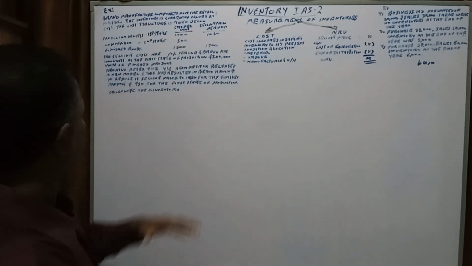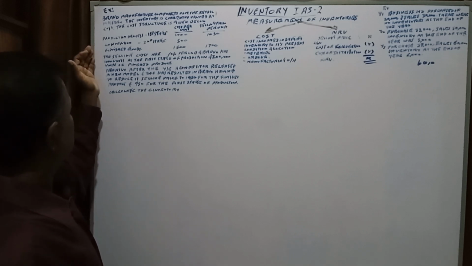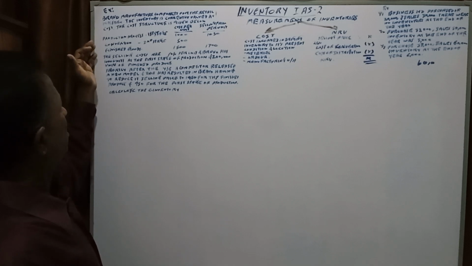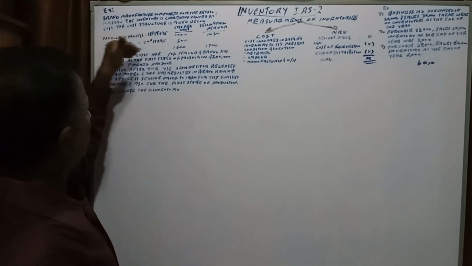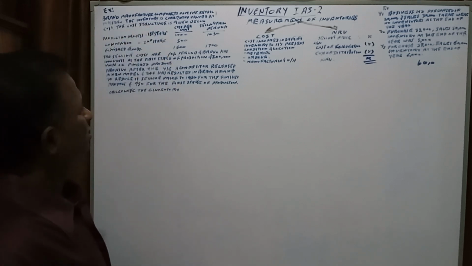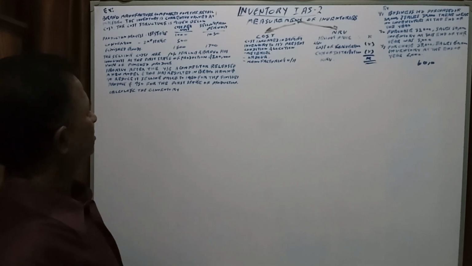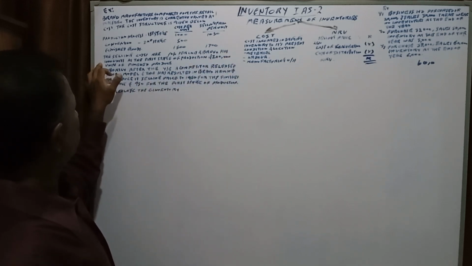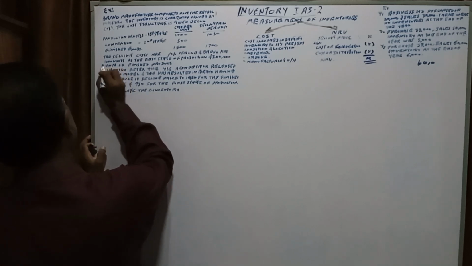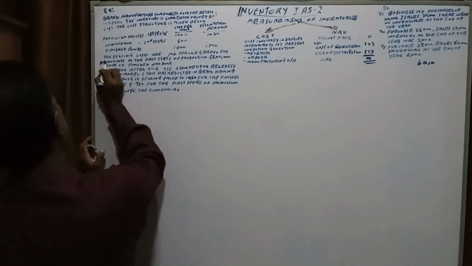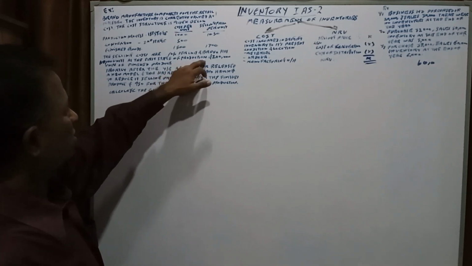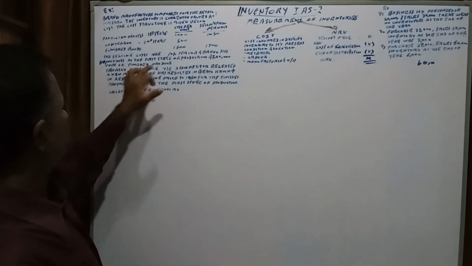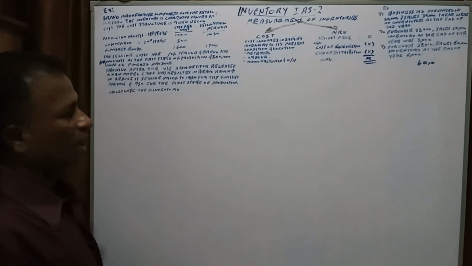Having said that, the examiner says the selling costs are 10 rupees per unit incurred by Bravo. He has 100,000 units at the first stage of production and 200,000 units of finished products in hand.